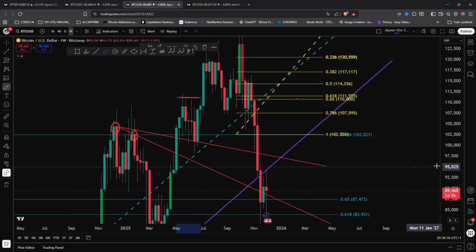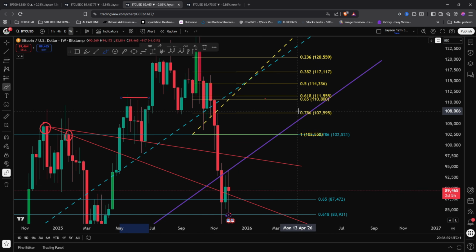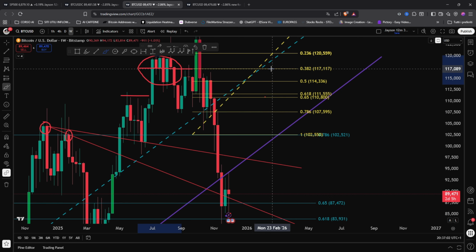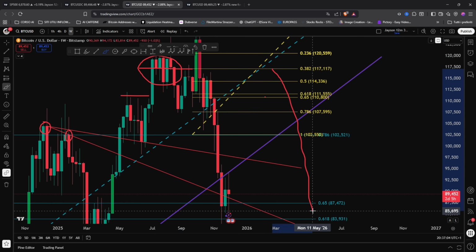If the market maker wants to destroy us, we have to go to visit the 70K at the 0.382 Fibonacci level. This is in the middle of this long consolidation zone, okay. This is a very strong level for a correction, the continuation of the bear market.